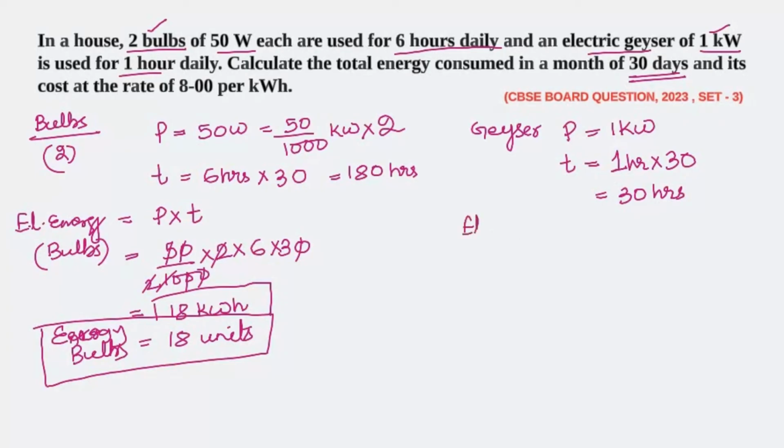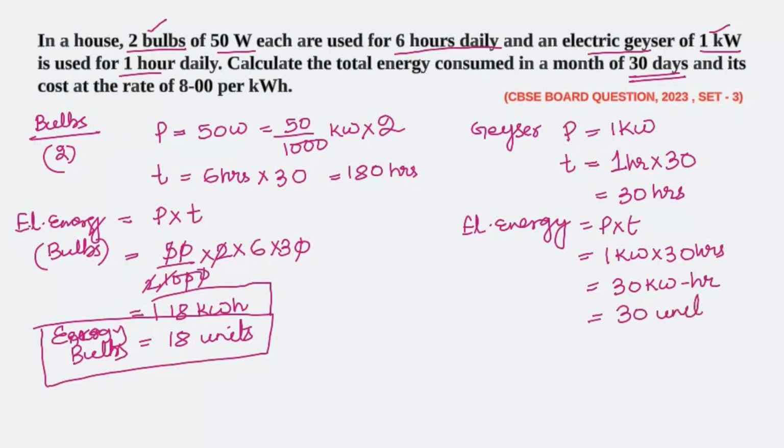Now the electrical energy consumed by the geyser is power into time, which is 1 kilowatt into 30 hours, which is 30 kilowatt hour, which is 30 units.